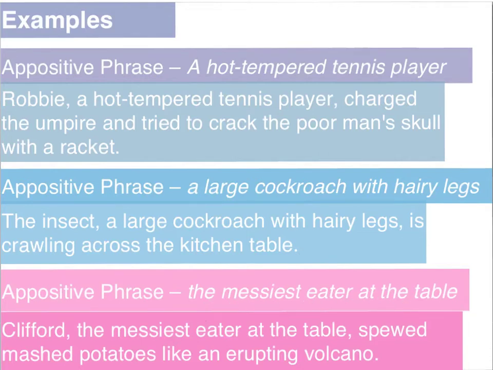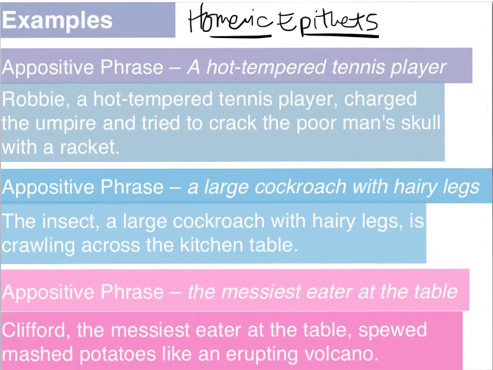It is almost a little bit familiar to us, and I can tell you that something we've studied before, which are Homeric epithets, can be considered an appositive phrase. So let's see how these work in sentences.